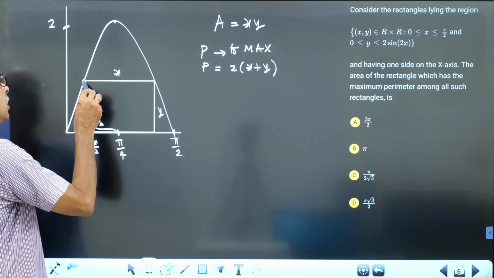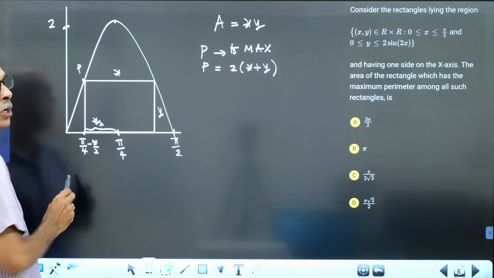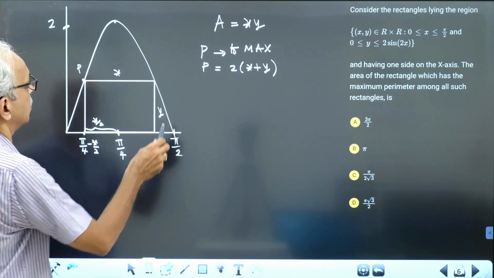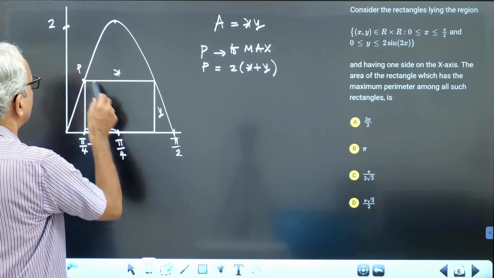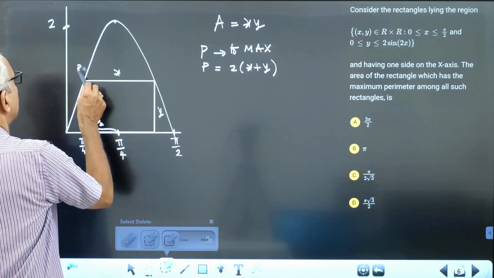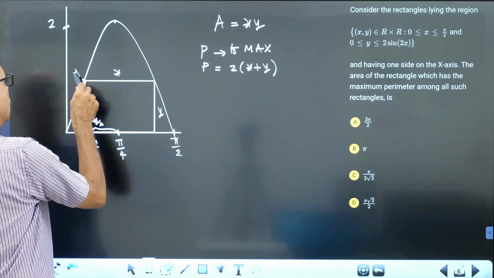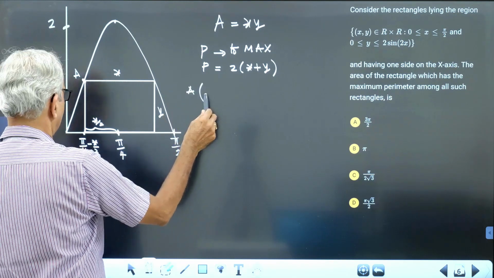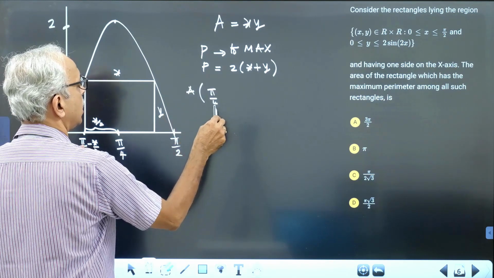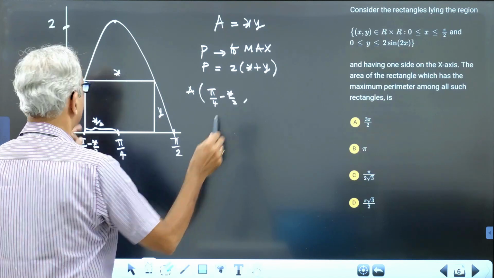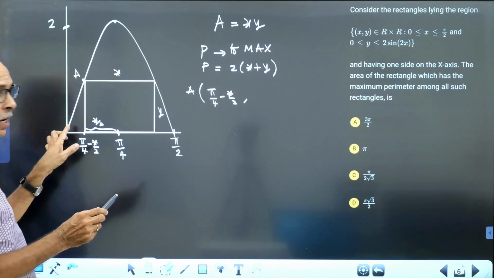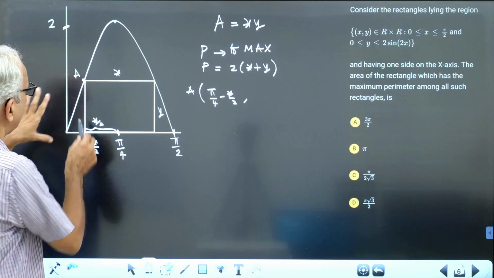Suppose this point is A. The coordinate of A will be, the x coordinate is pi by 4 minus x by 2, and the y coordinate will be y itself.